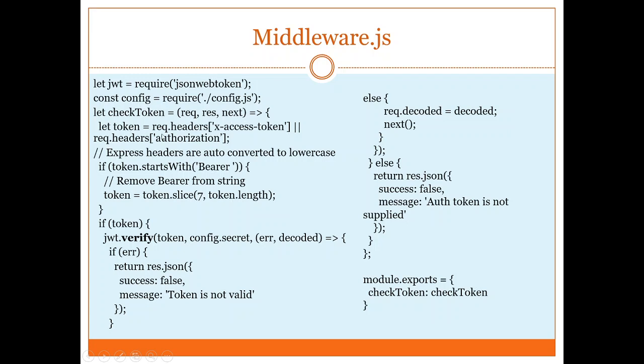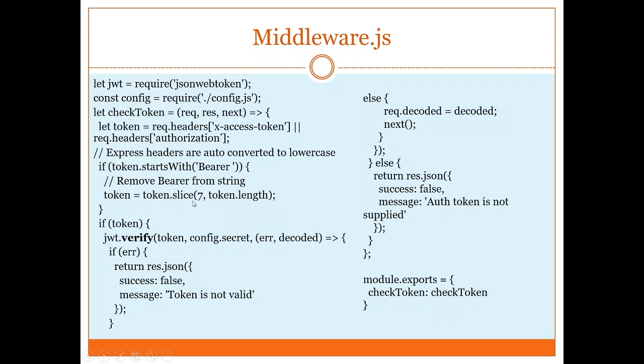First, we received the token, which is basically the x-access-token, with the header authorization. That's what I have explained to you: authorization colon bearer then the token. So we will do the reverse engineering here. We will find the authorization. If we find the authorization, then if the token starts with bearer, we will remove that bearer.